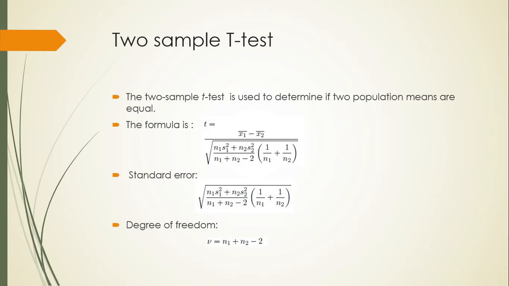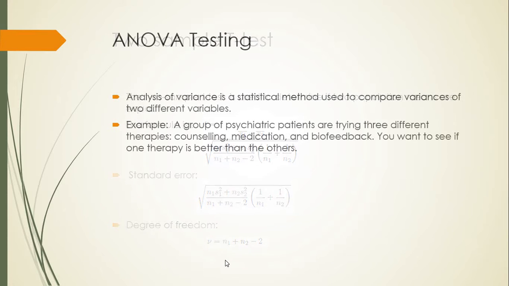A two sample t-test is used to determine if two population means are equal. The formula is as shown below. Here x1 bar and x2 bar are the two different means, the standard error is given by the following formula, and the degree of freedom is n1 plus n2 minus 2.